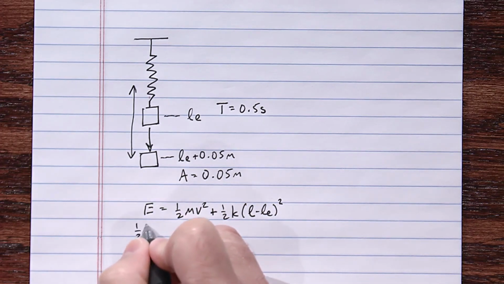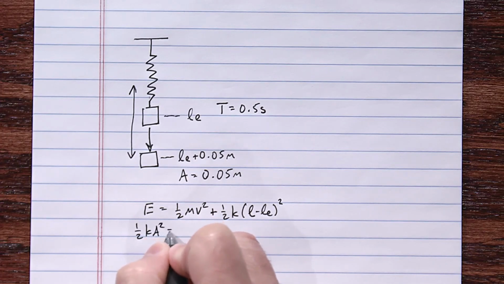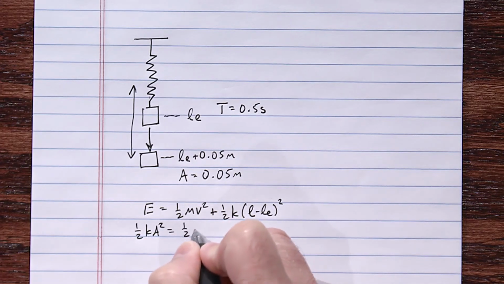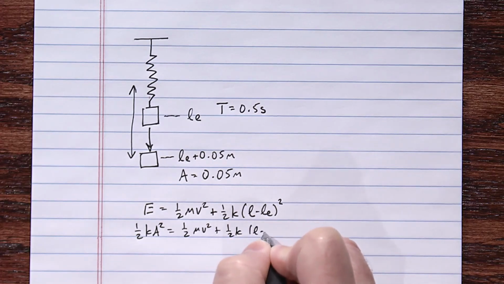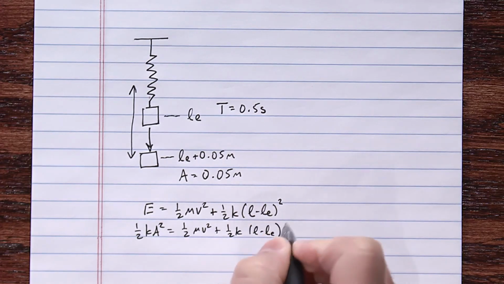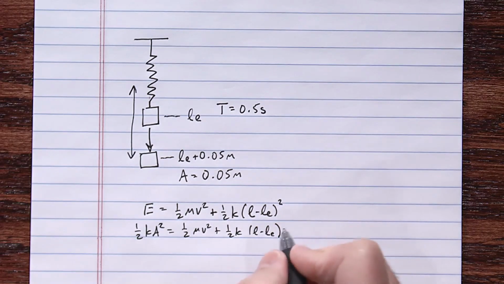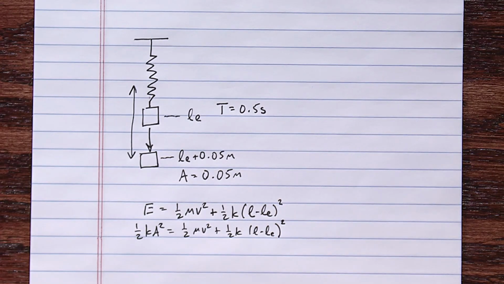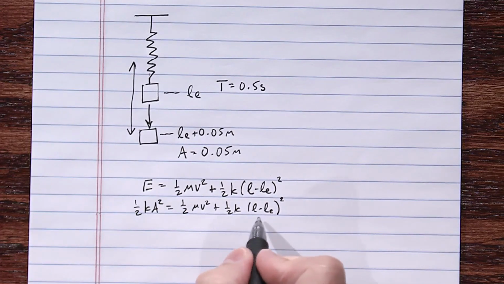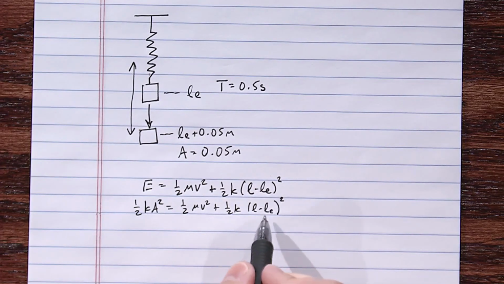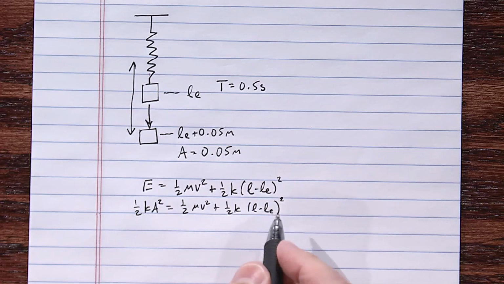Energy is 1/2 k times the amplitude squared, 1/2 mv squared plus 1/2 k times L minus LE squared. And we were asked, what is the speed of the object at the equilibrium point? Well, when L is equal to LE, then this term is equal to 0.